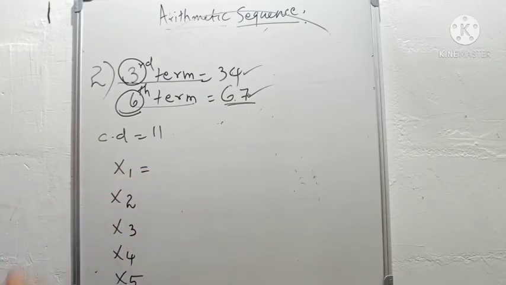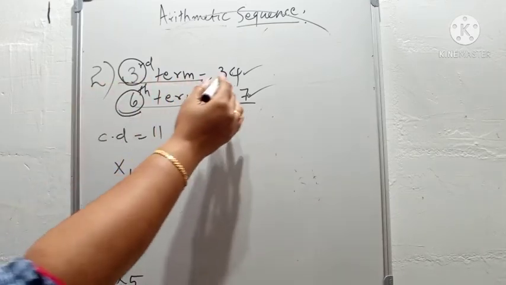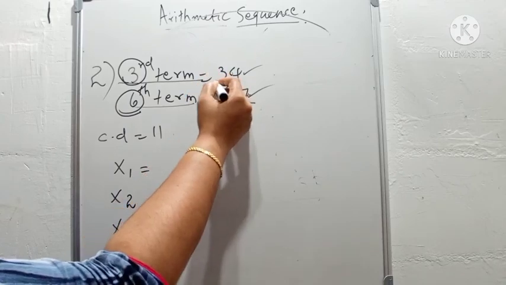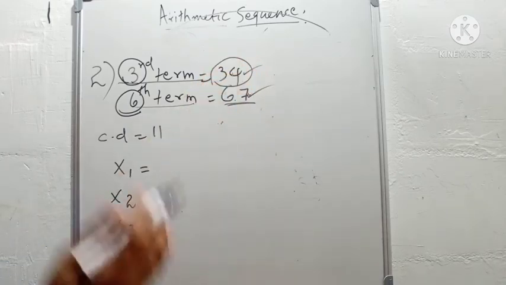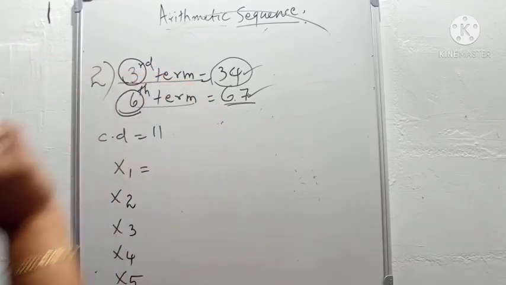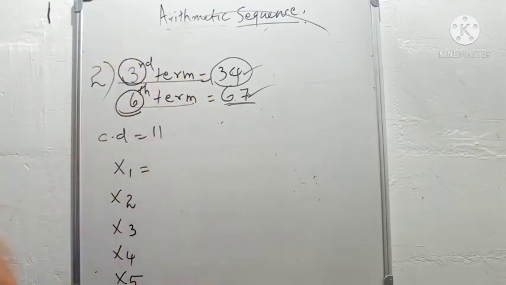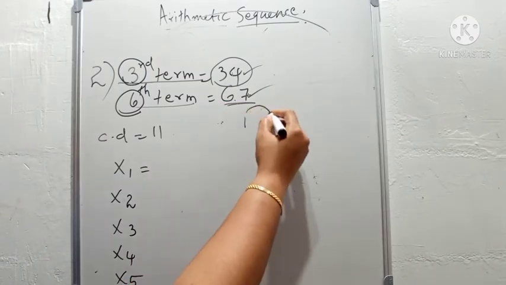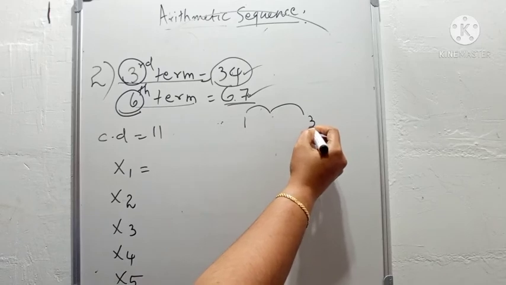From the third term, we subtract 2 times the common difference to get the first term, since the first term plus 2 times the common difference gives the third term.